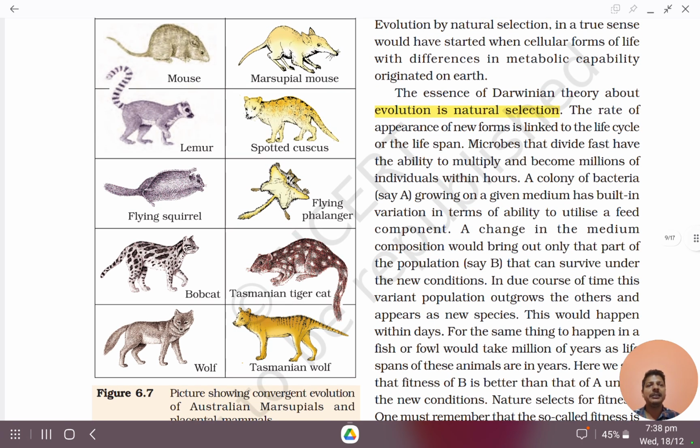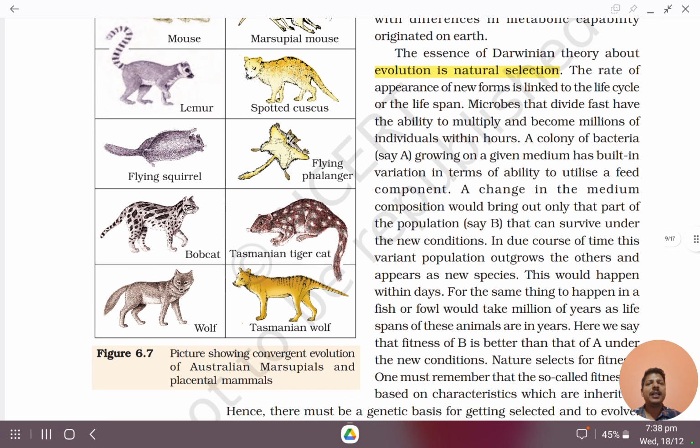The essence of Darwin's theory of evolution is natural selection. The rate of appearance of new forms is linked to the life cycle or lifespan. Microbes that divide fast have the ability to multiply and become millions of individuals within an hour. Here is an example: a colony of bacteria, say A, growing on a given medium has built-in variations in terms of ability to utilize a feed component.